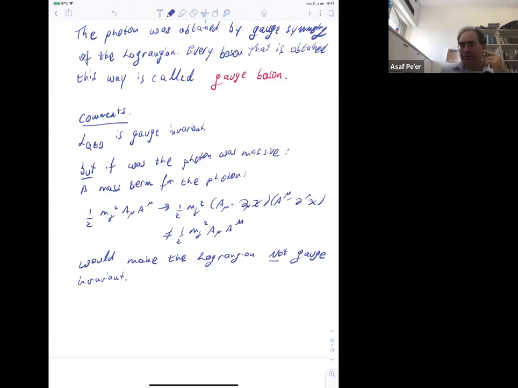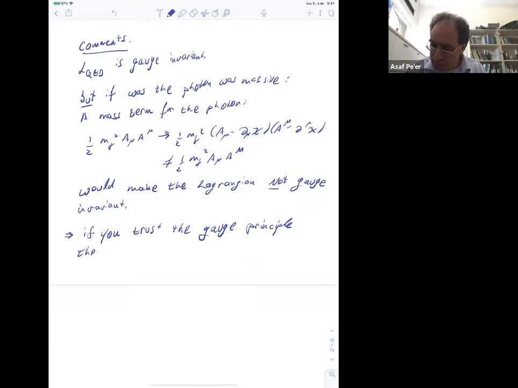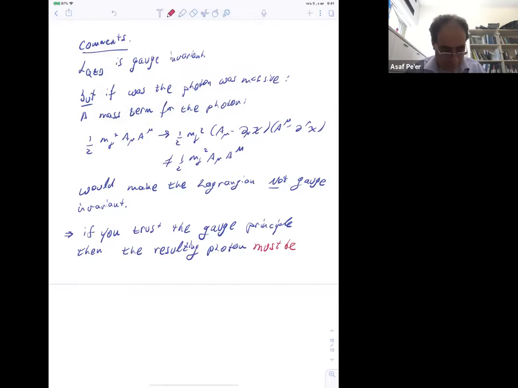So from a theoretical perspective, if you trust the gauge principle, the resulting photon must be massless. Well, that gauge boson.